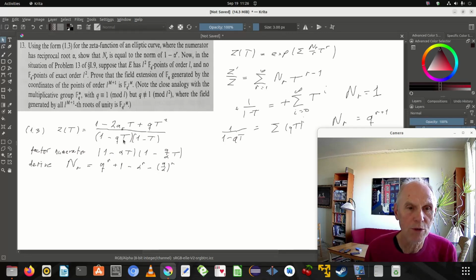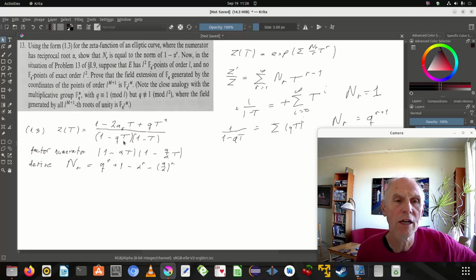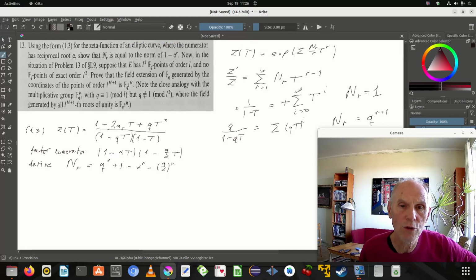We get, of course, minus because it's in the denominator, and then we get minus q. So up here we should have q, so it should be q, and that means that it becomes, when I is naught, it's q, and when I is 1, it's q squared, etc.